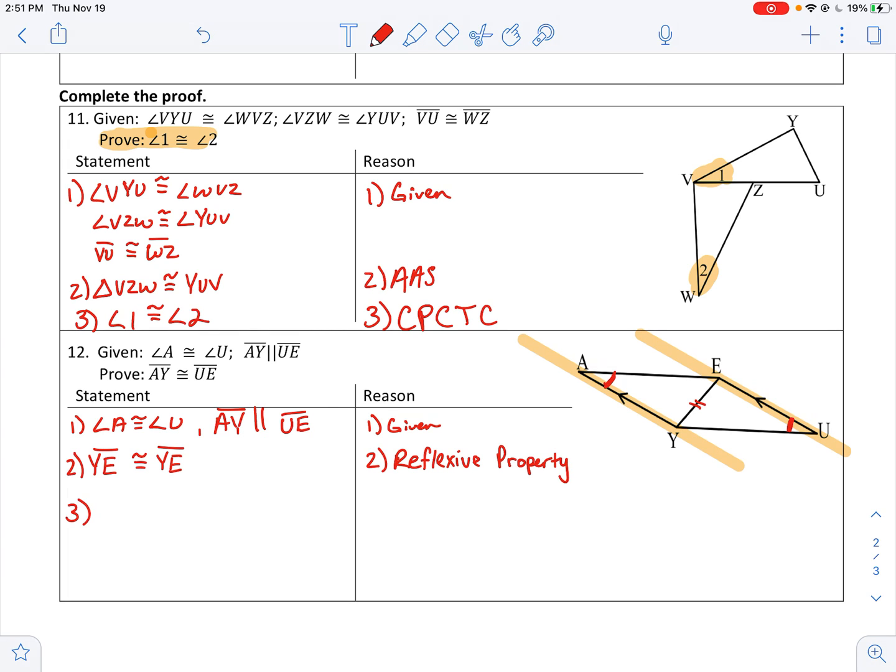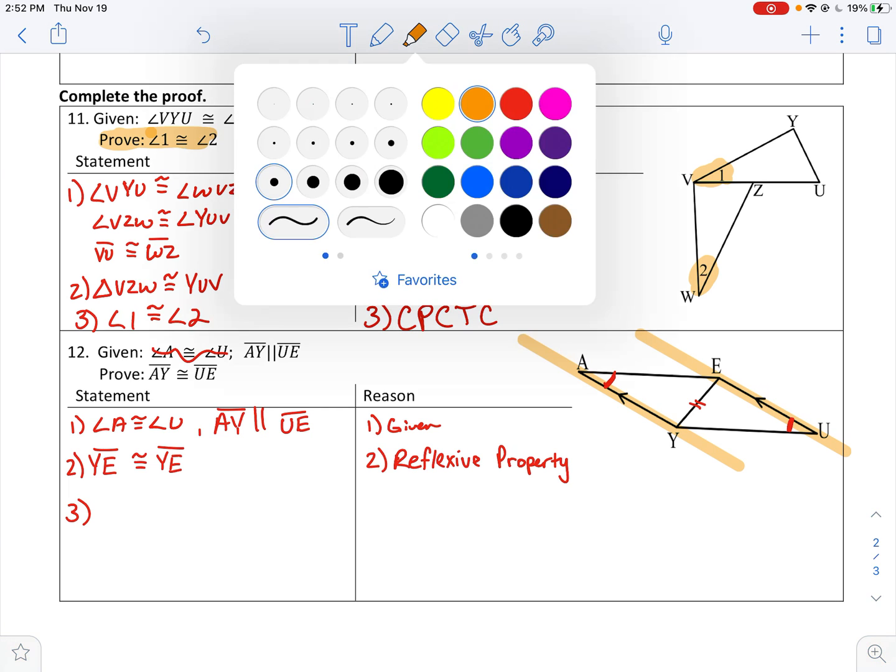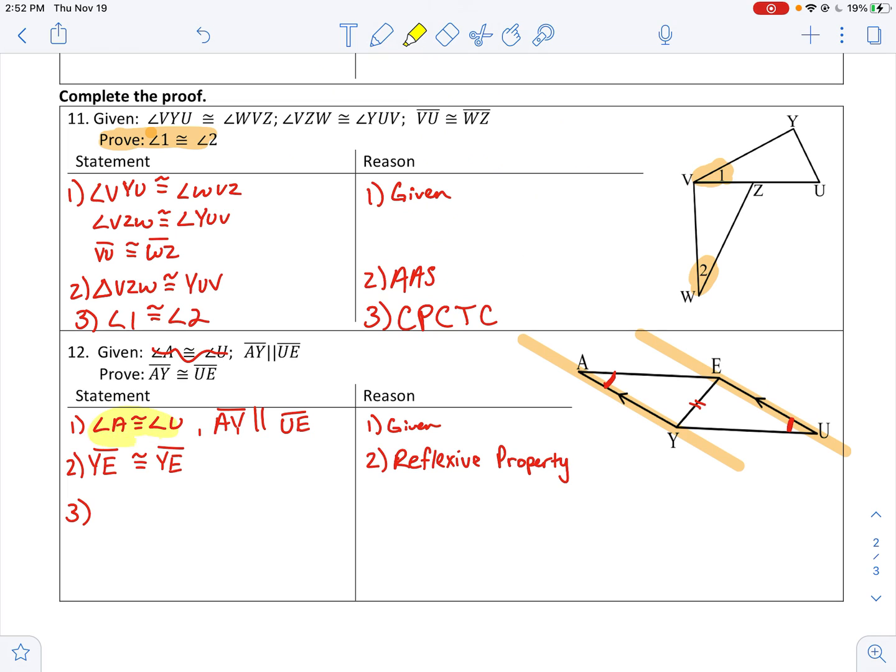All right. So I've used those angles congruent. I've already used this part of my given. I did my reflexive property. I don't have any vocab words that I could use. Okay, so what do I do now? How in the world am I supposed to prove congruence? Well, let's look back at our other part of the given. Parallel lines.